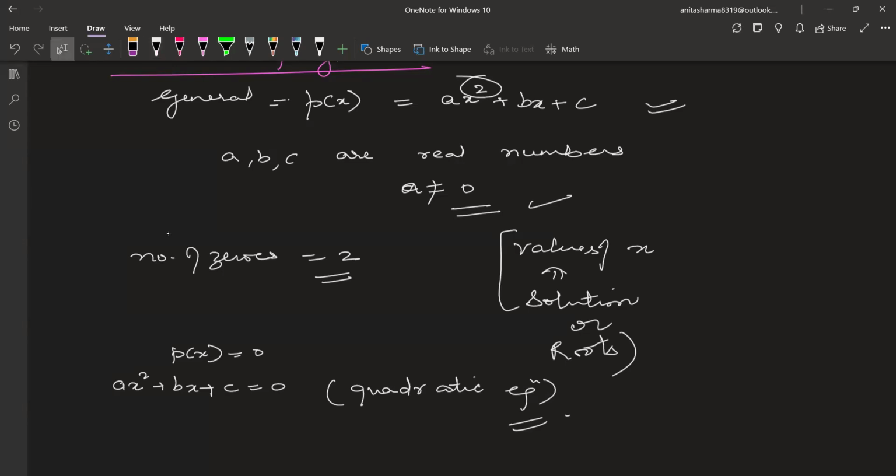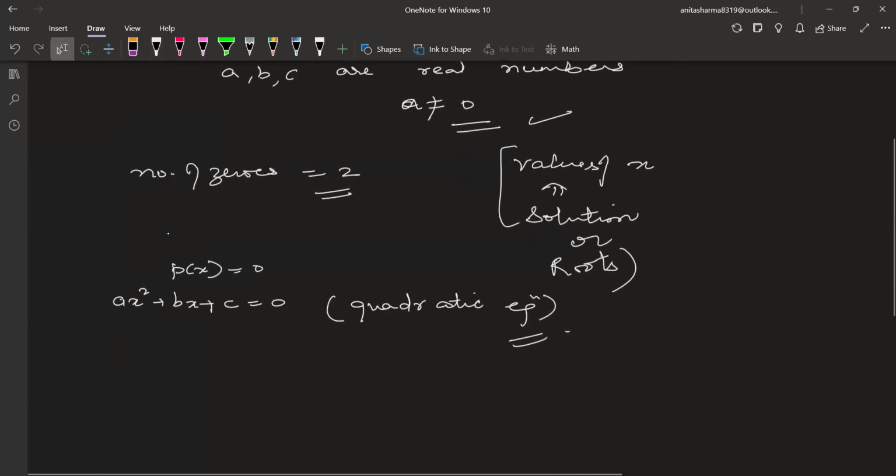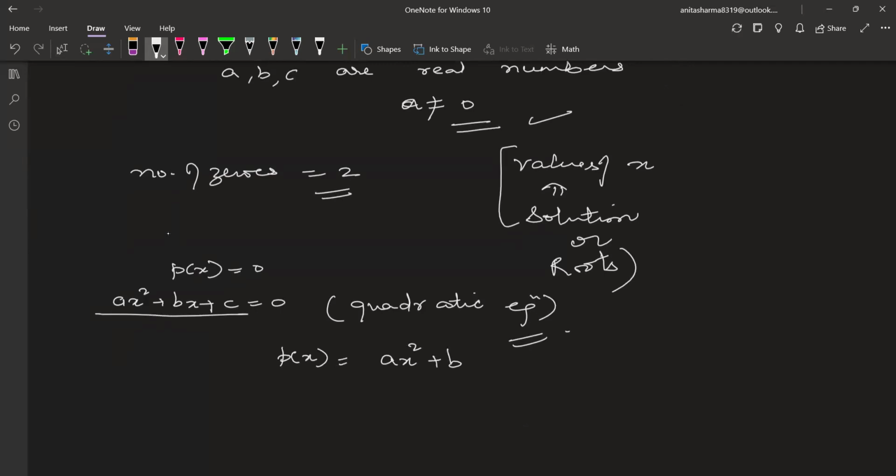Okay. Now, next is, what you have to see, here zeros are there. We are talking about the zeros because we are having the polynomial. So ax square plus bx is... Ma'am, I can't hear you, ma'am.